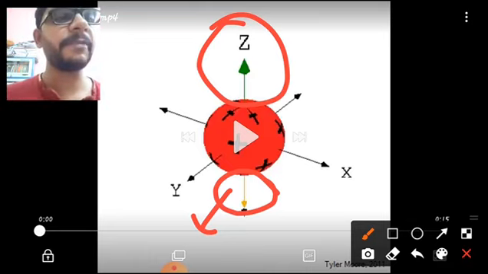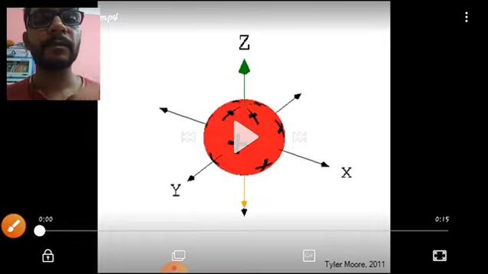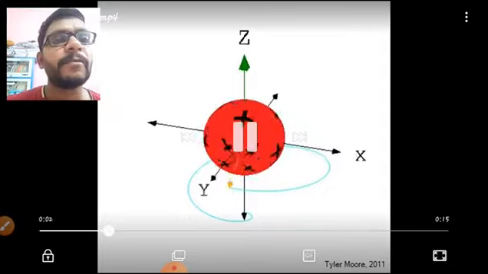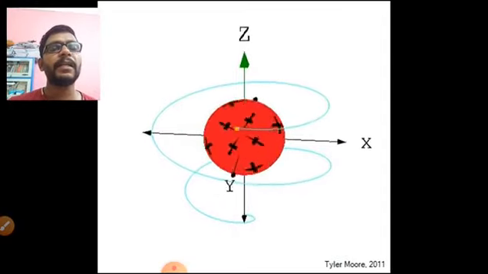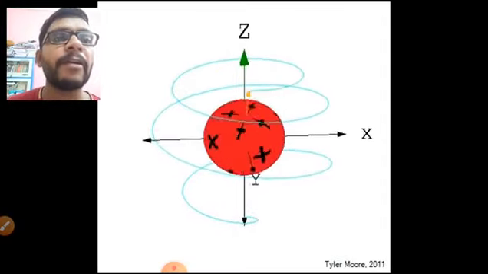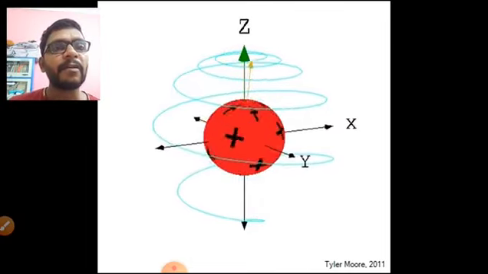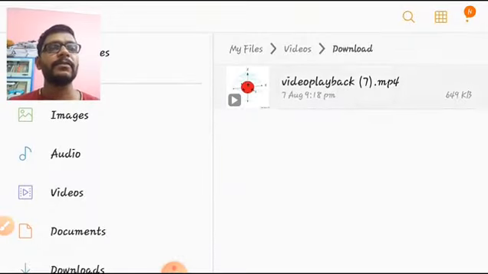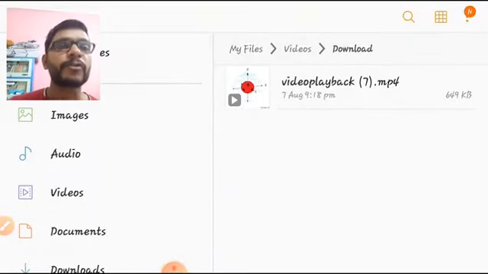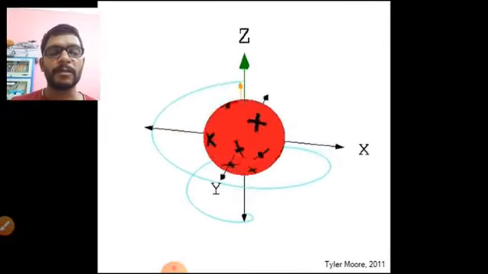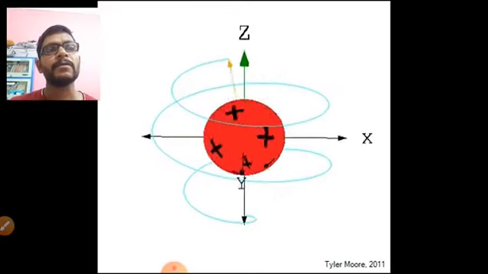Now let us see that video here. The body is revolving about its own axis. That yellow arrow represents the self axis. Now that yellow arrow also rotates about the fixed z axis, right? The motion of that body about the z axis is called precessional motion.